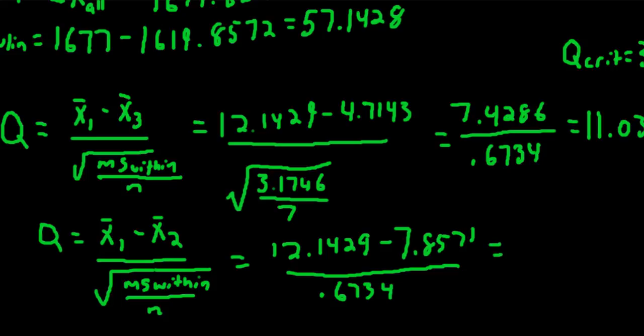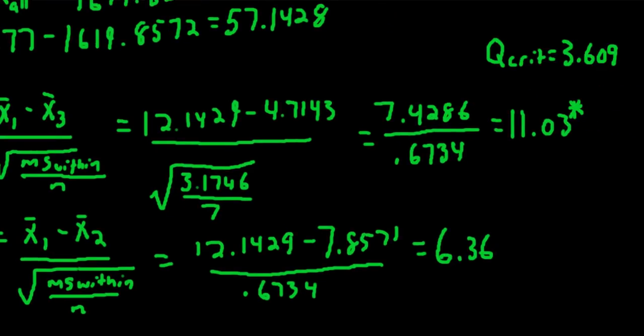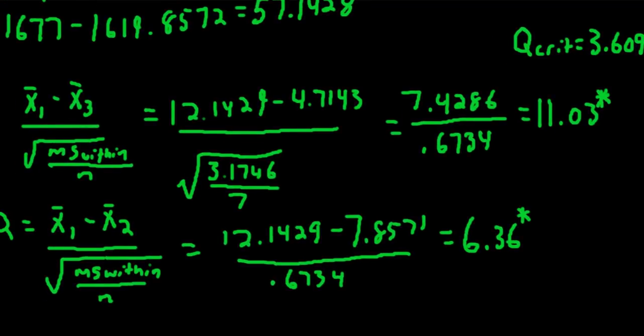We take 12.1429, subtract 7.8571, and divide it by 0.6734, and we get a Q value of 6.36, which is also well above our Q critical value, so we'll consider this difference to also be statistically significant.